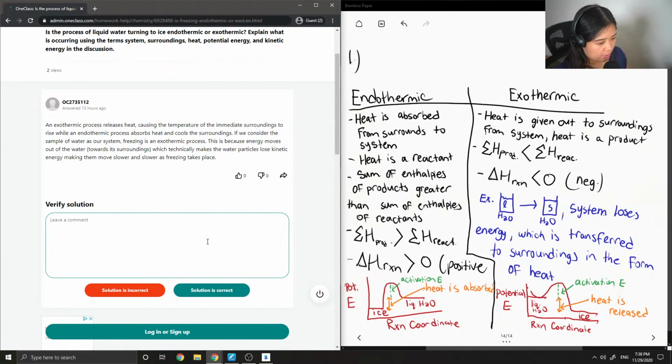Yep, the solution's still correct. Anyways, even though the term potential energy wasn't used, it was still a very detailed and in-depth explanation.